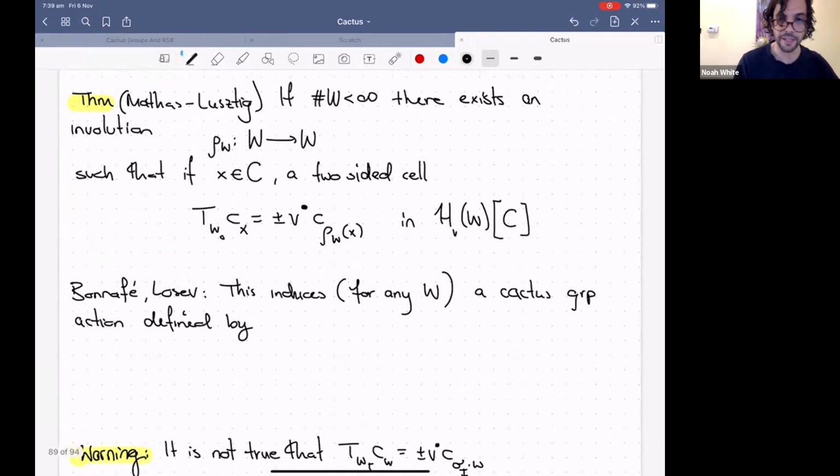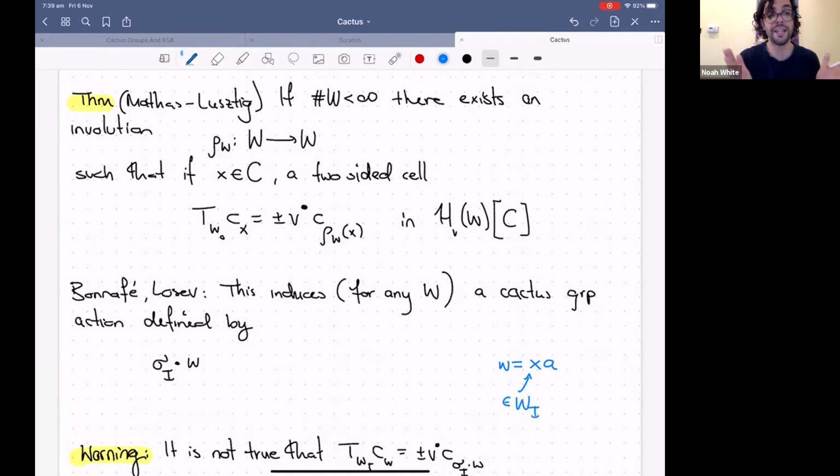So how is it defined? Well, I take a generator of my Cactus Group and I take an element w that I want to act on. One important fact is that w can be written as x times a, where x is in the parabolic corresponding to I.